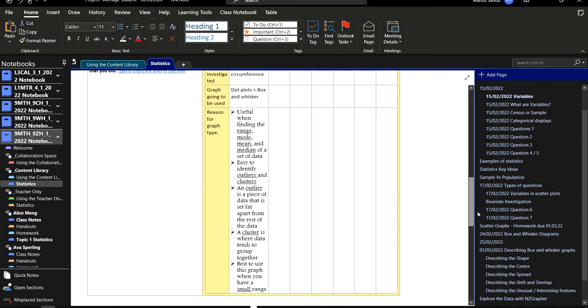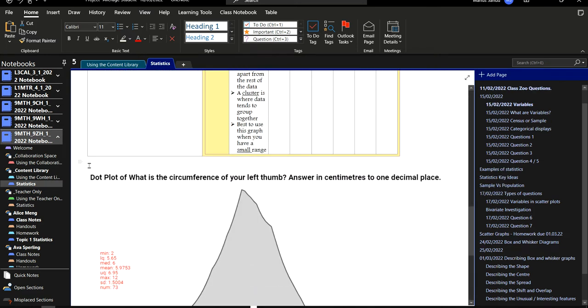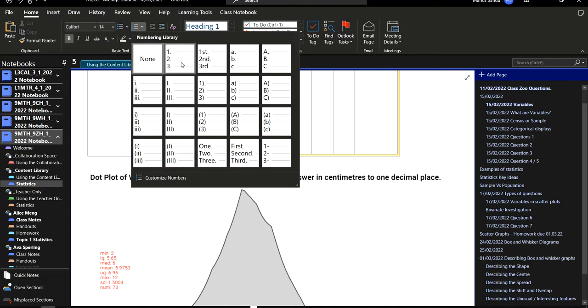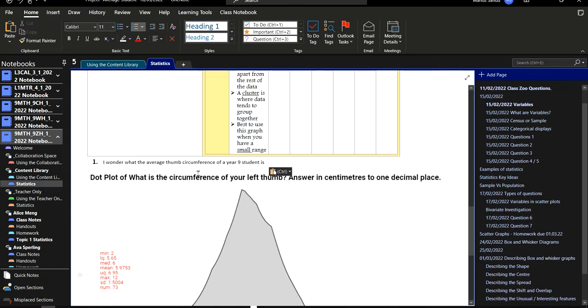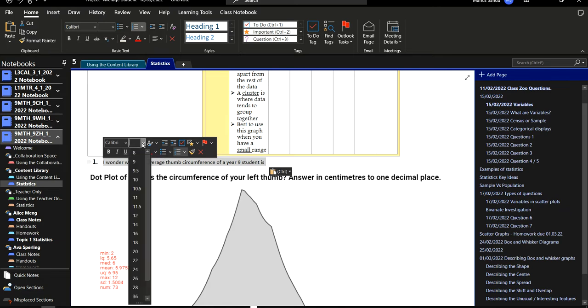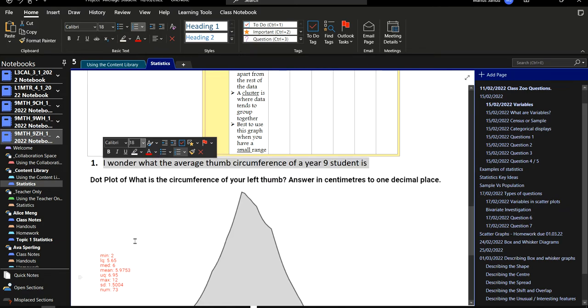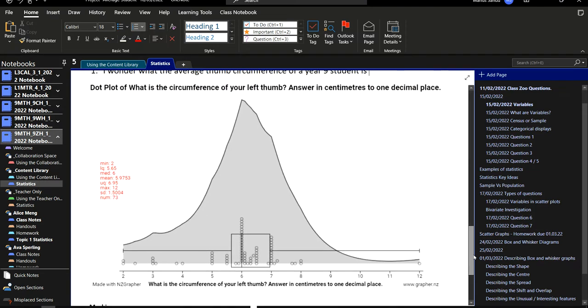And that is my first investigation. So let's number that. I wonder what, and let's bold it and make the font a little bit bigger. That's my first question. And then I produce the graphs.